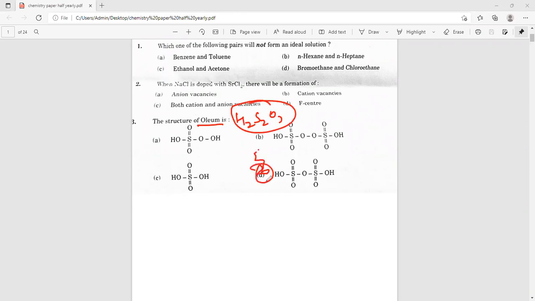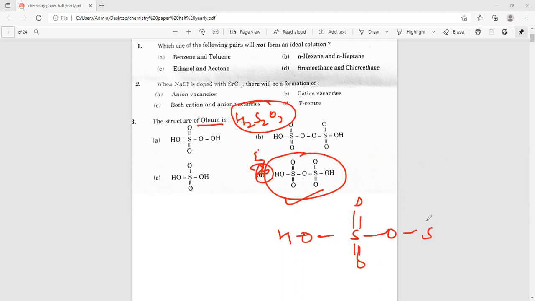And the structure is this one: 2 H are there, with double bond and single bond to O, S, double bond O, OH, and on the other side a double bond is there. So this is the structure of oleum and the formula of oleum is H2S2O7. So D is the right answer.